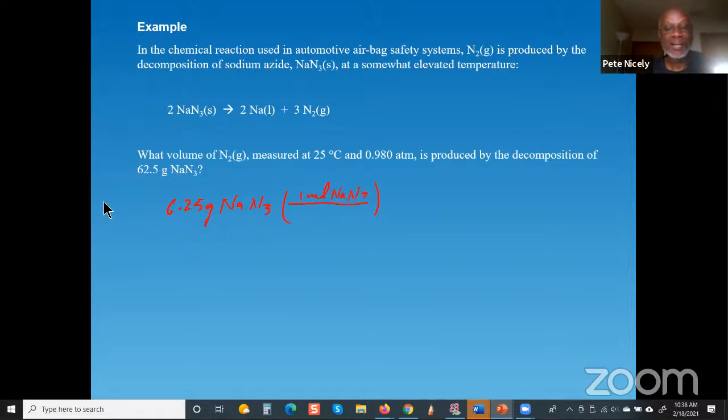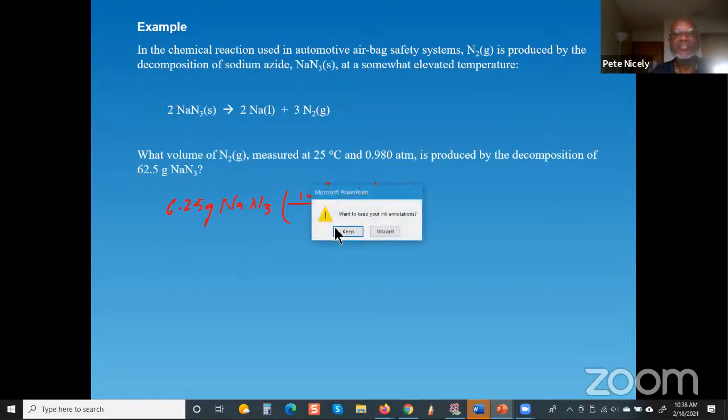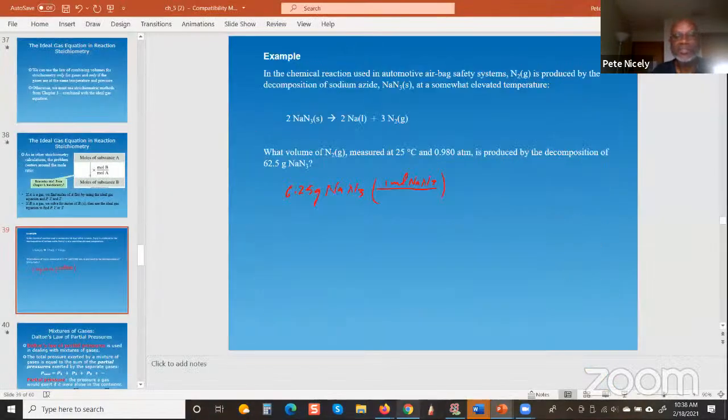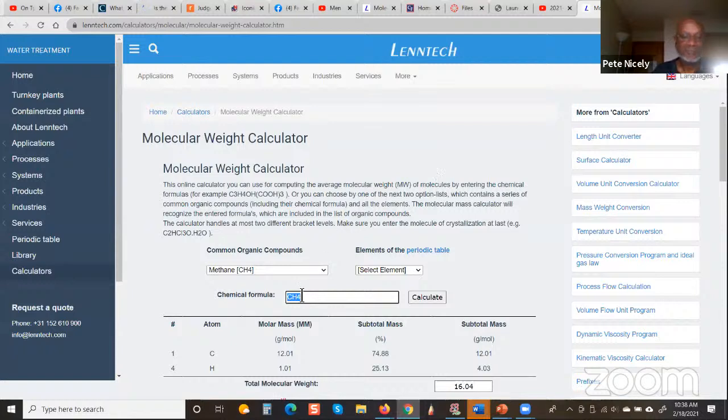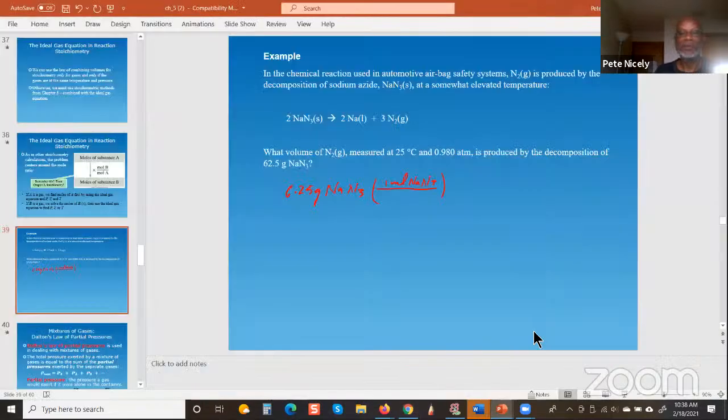So again, I'm going to go to the molar mass calculator. And according to this, the molar mass of sodium azide is 65.01. So I'm going to put, whoops, go back to here, full screen.